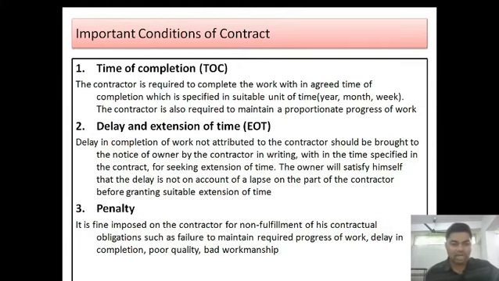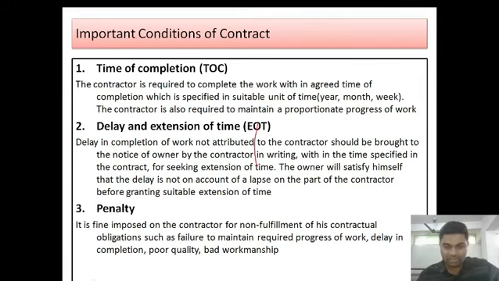So when we talk about penalty, the third one, it is a fine imposed on the contractor for non-fulfillment of his contractual obligation, such as failure to maintain required progress of the work, delays in completion, poor quality, bad workmanship.